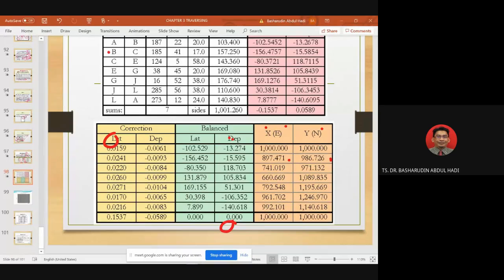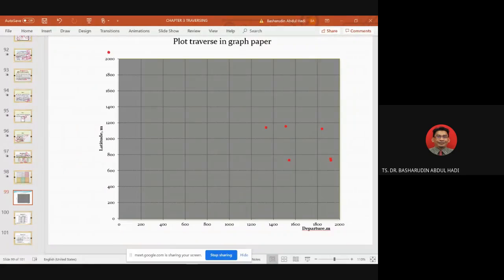Okay, so when we go back to this graph, first we search for 1000, 1000, like this. And the second one is X 900. Where is X? 900.